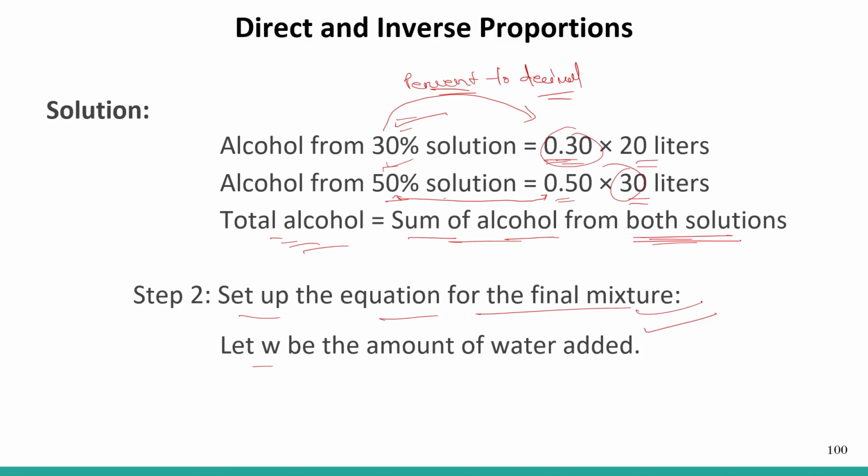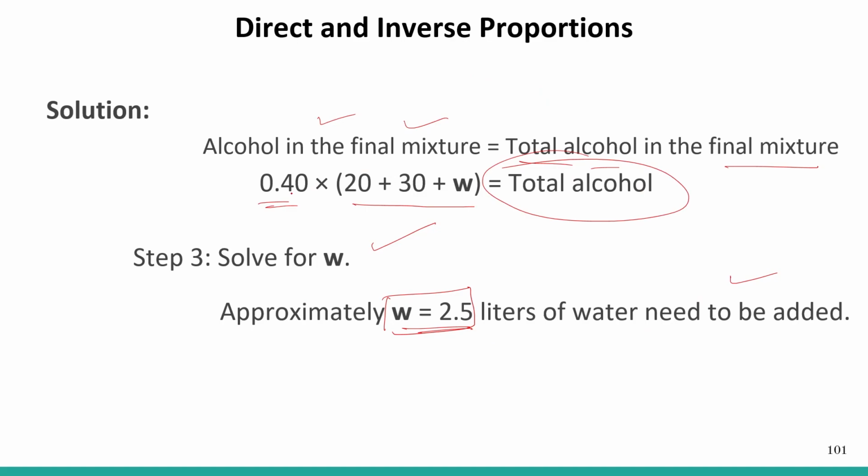Setting up the equation for the final mixture, with W the amount of water to be added: 0.40 times (20 + 30 + W) equals total alcohol. Solving for W, we are left with W equal to 2.5 liters of water.